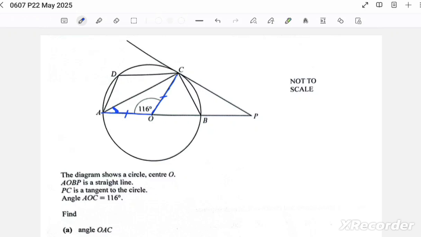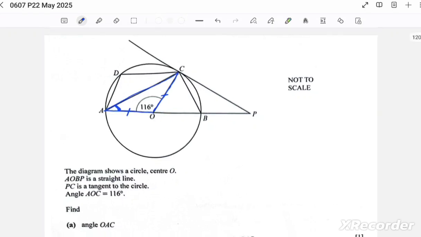So here this one is isosceles. So in an isosceles triangle you will say 180 minus 116 divided by 2. This will give you this x and this x. So this x equals 180 minus 116 divided by 2, which is 32 degrees. Okay.